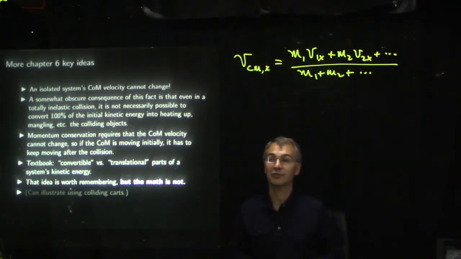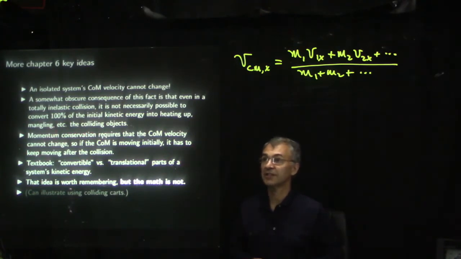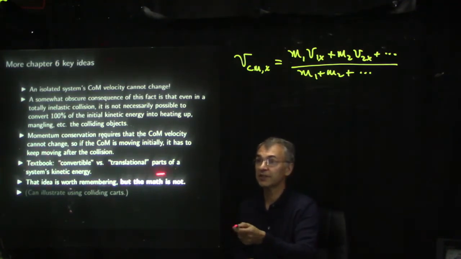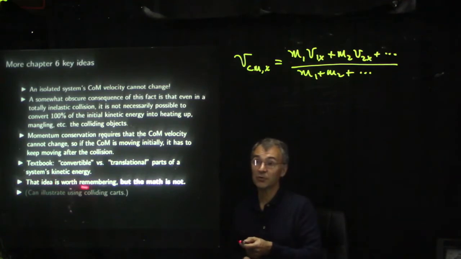So that's kind of an interesting fact. So momentum conservation will require that the center of mass velocity cannot change. So if the center of mass is moving initially, it has to keep moving after the collision. So in the textbook, there is this concept of the convertible portion versus the translational portion of a system's kinetic energy. That idea is worth remembering, but the math is not worth remembering.